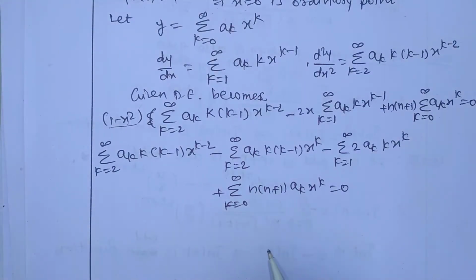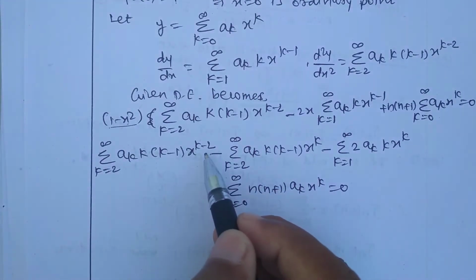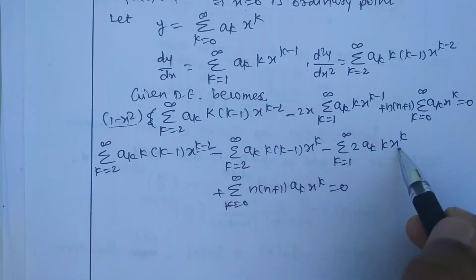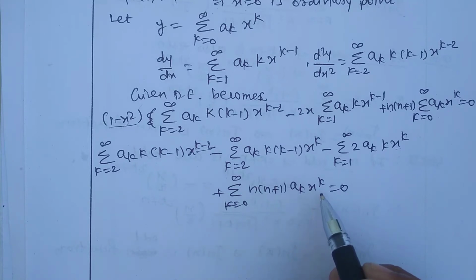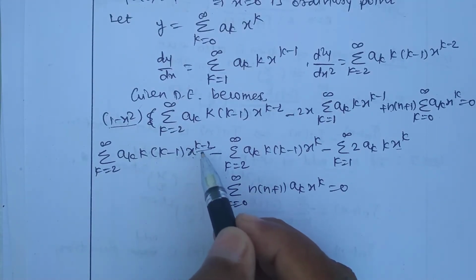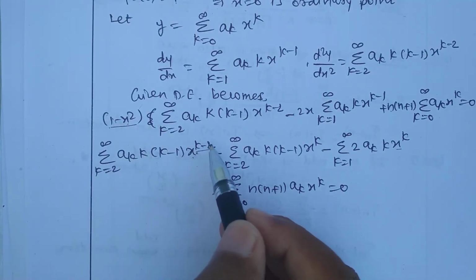Now see here, the power of x is k minus 2, here the power of x is k, the power of x is k, and the power of x is k. So we have to try to make the power of x here k also. That's why we are going to put k equals m plus 2. So see what happens.